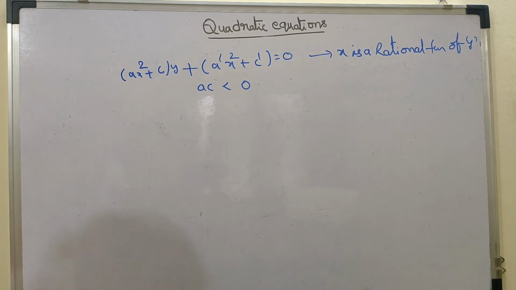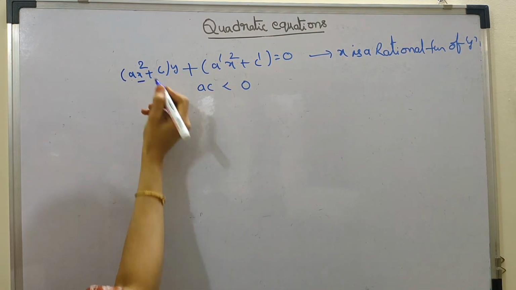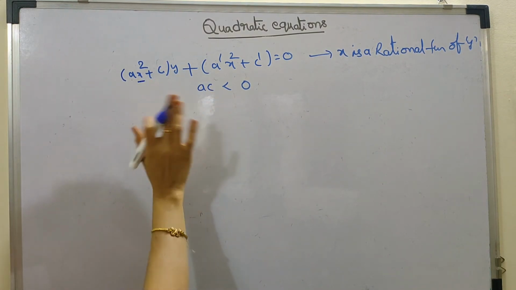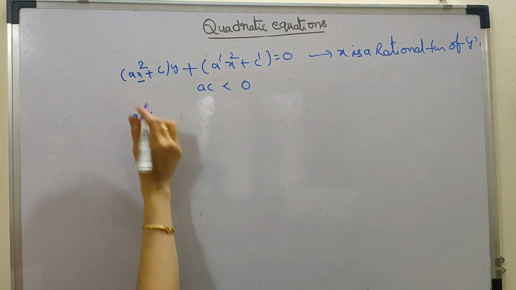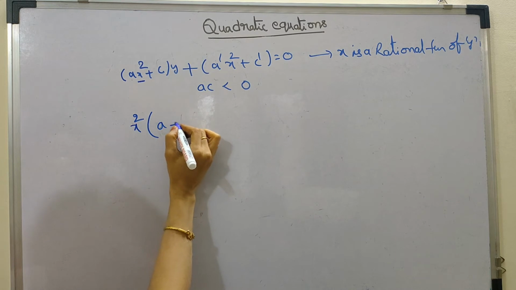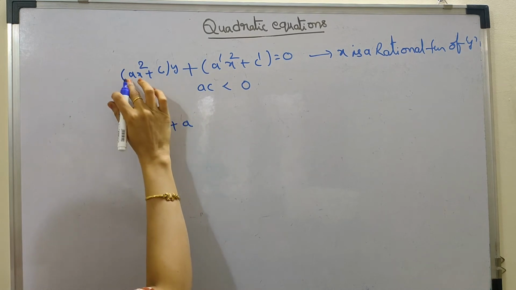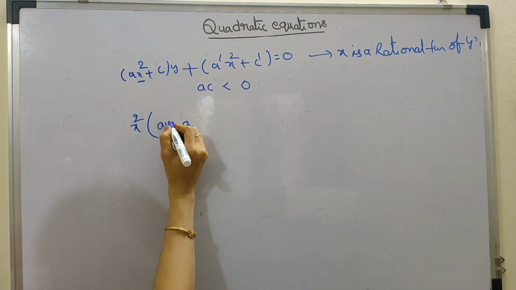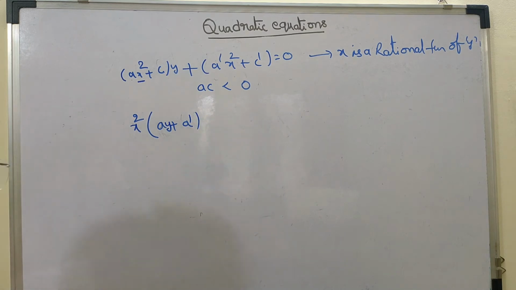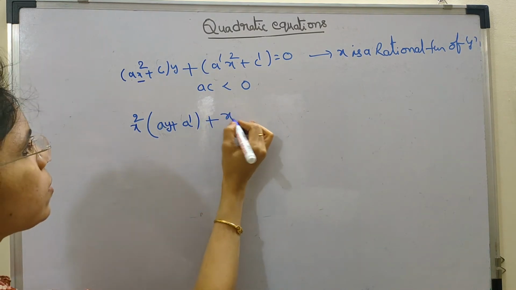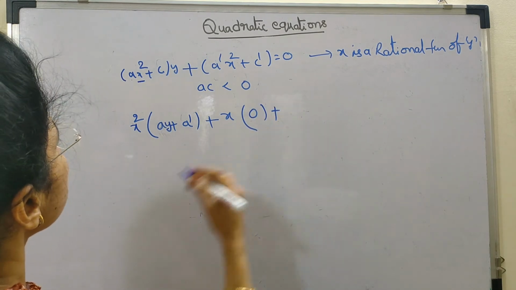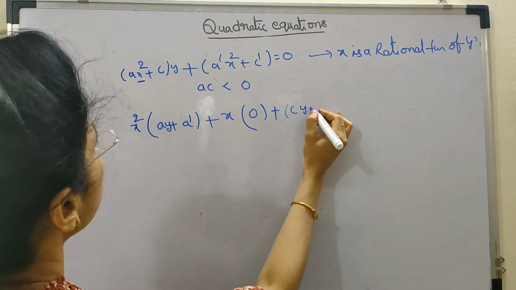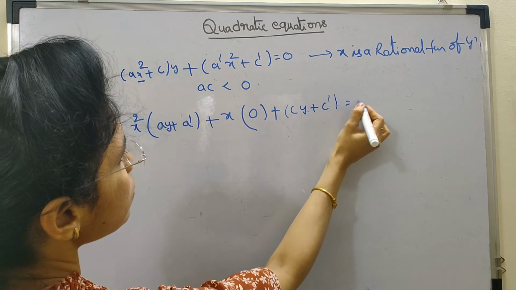But here, given that x is a rational function, first write the quadratic equation in terms of x. So x square into (ay plus a dash). Next, x term: no x term. What is the constant? cy plus c dash is equal to 0.